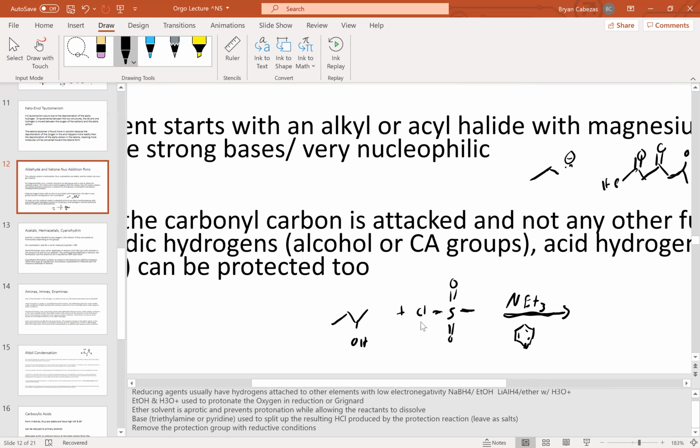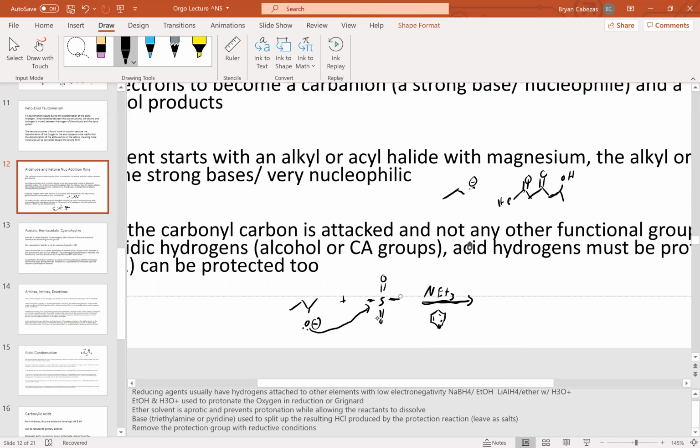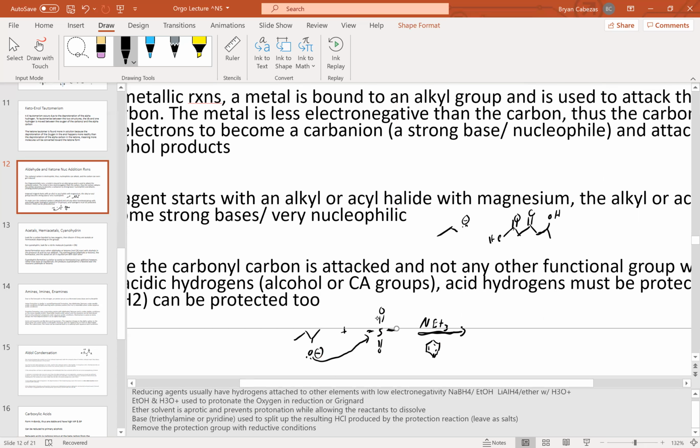The oxygen, being more electronegative than the hydrogen, takes the lone pair and the negative charge, and then this oxygen becomes a good nucleophile and is going to attack our protecting group, removing the Cl in the process and binding to that group and then becoming protected. So this would be what our product would be at the end for this protection.